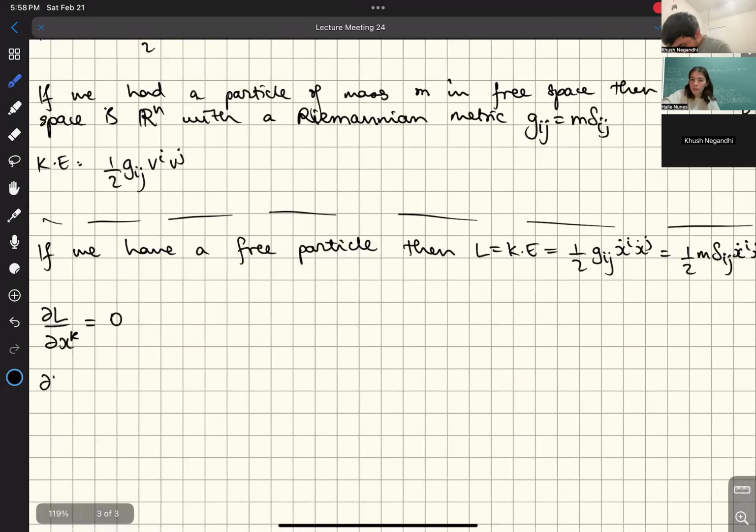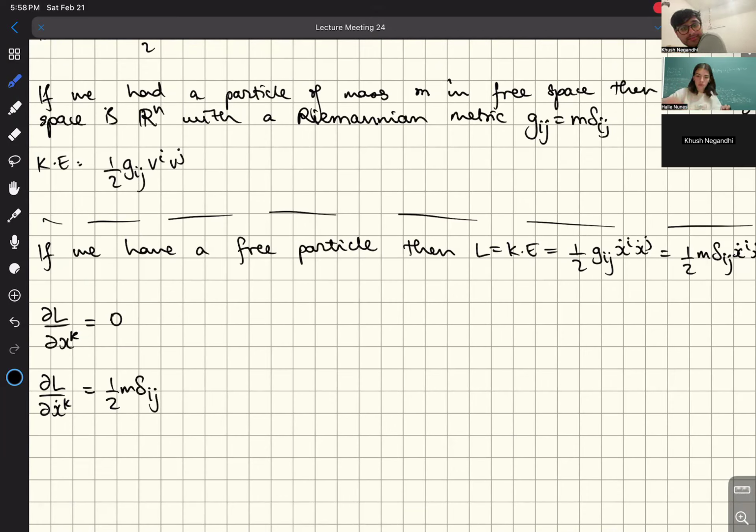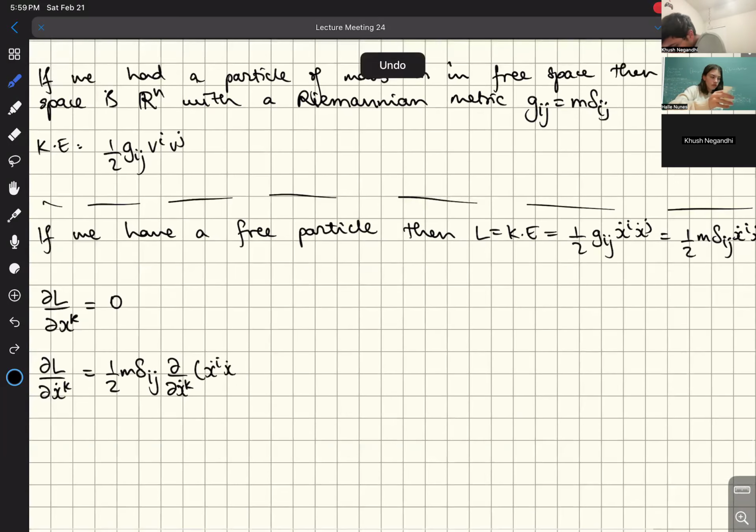And if we look at partial L partial x dot k, this is equal to 1/2 m delta ij partial x dot k of x dot i x dot j.